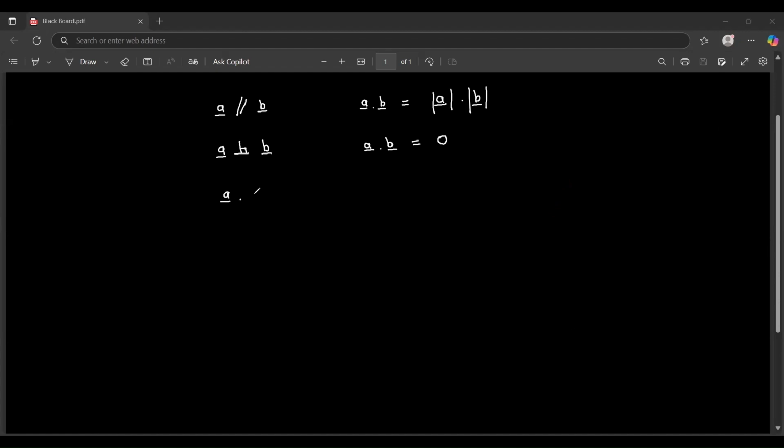If I dot produce A with A, then that will be equal to modulus of A whole thing squared. And A dot negative A will give me minus modulus of A whole thing squared.